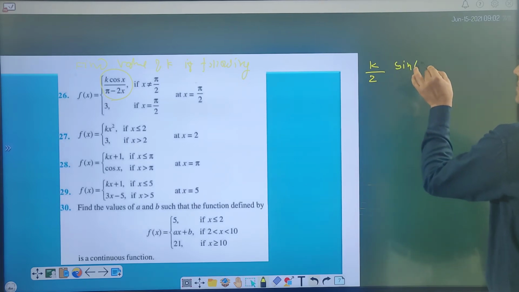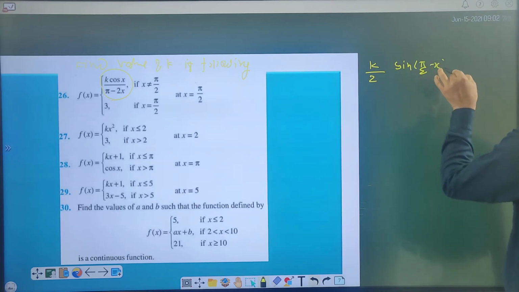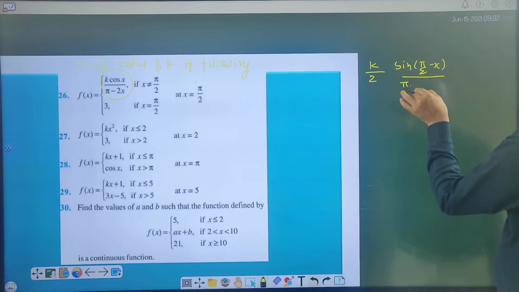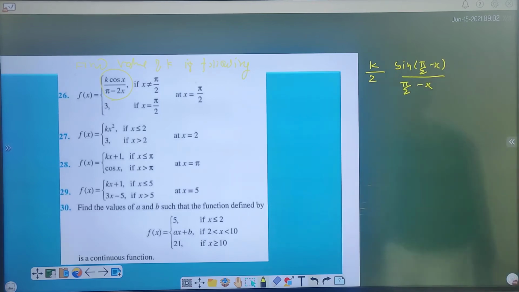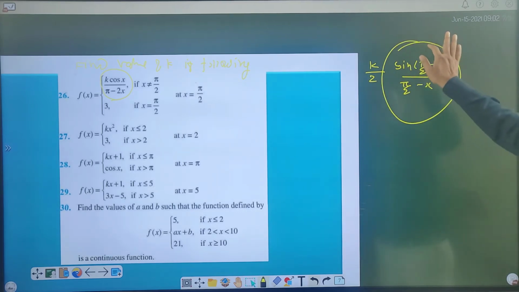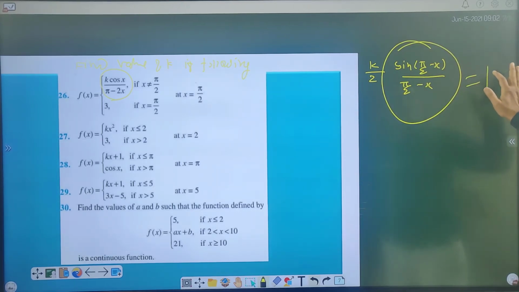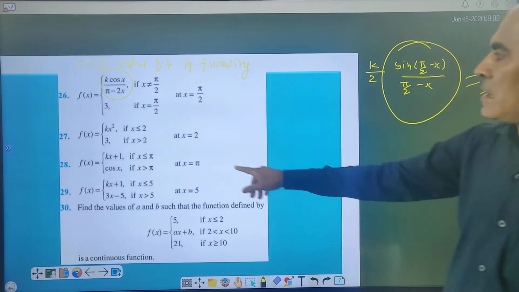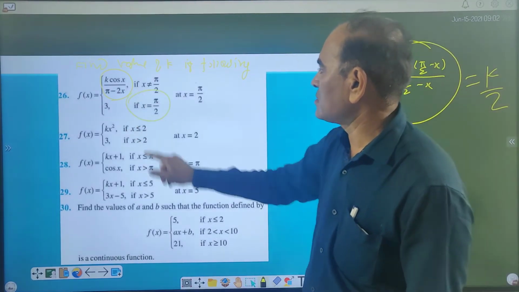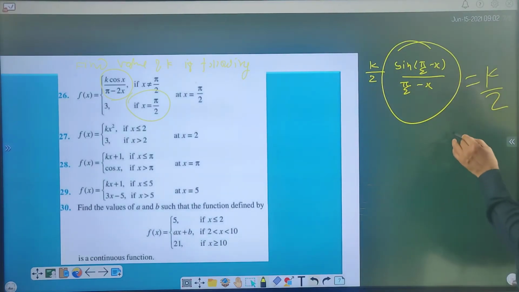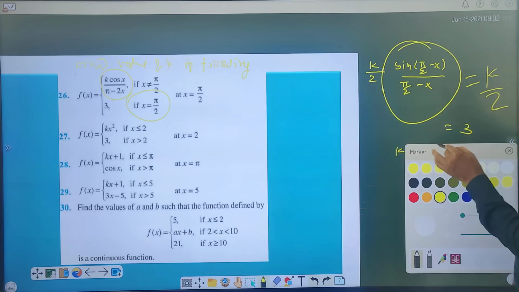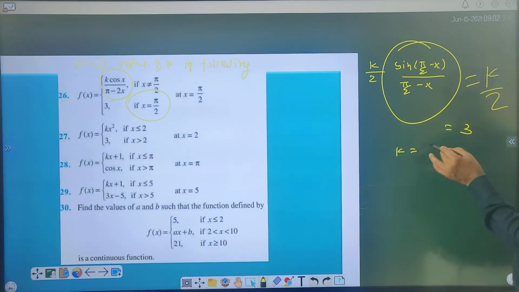Can I write that as sin of pi by 2 minus x over pi by 2 minus x? Can I write it? Yes. And now this limit is 1. So that is equal to k by 2. And it is continuous at x is equal to pi by 2, so that is equal to 3. So k is equal to 2 into 3, and that comes out 6.